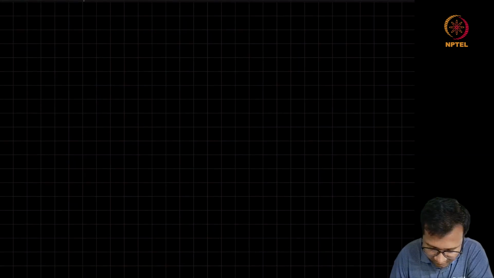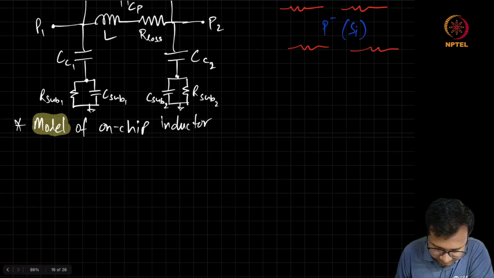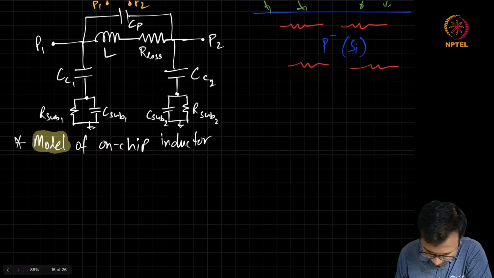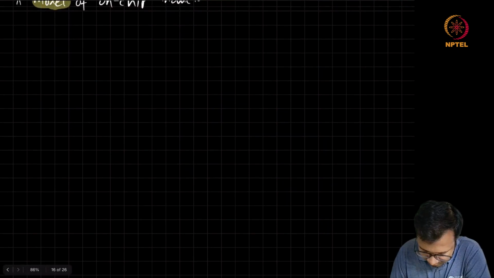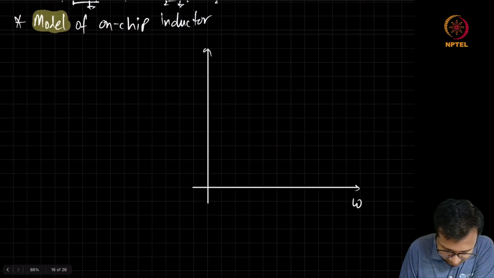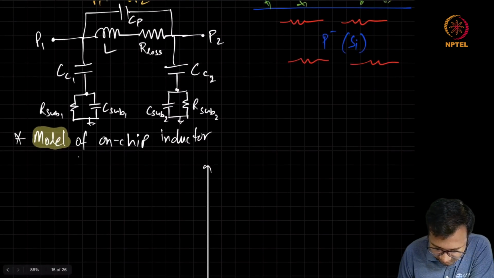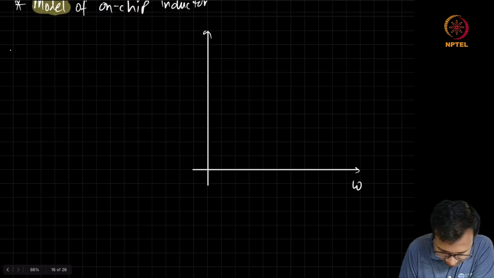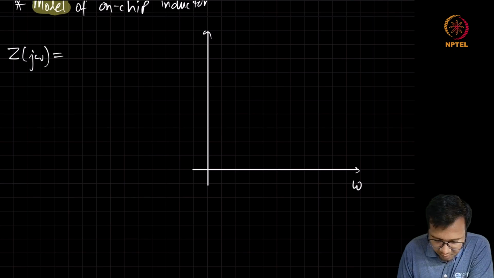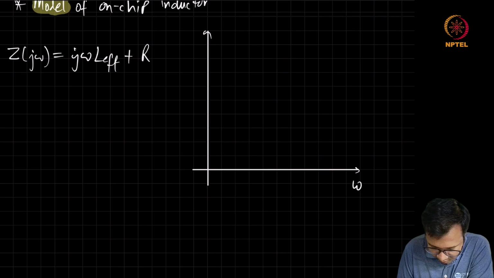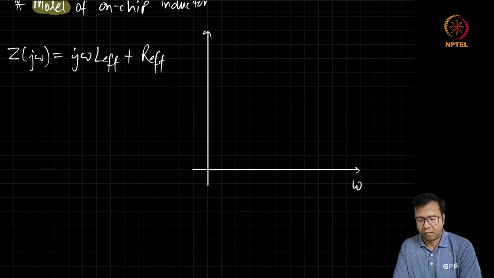If we look at the frequency response of an on-chip inductor, we find the impedance between P1 P2 as Z, which can be written as j omega L effective plus some R effective.